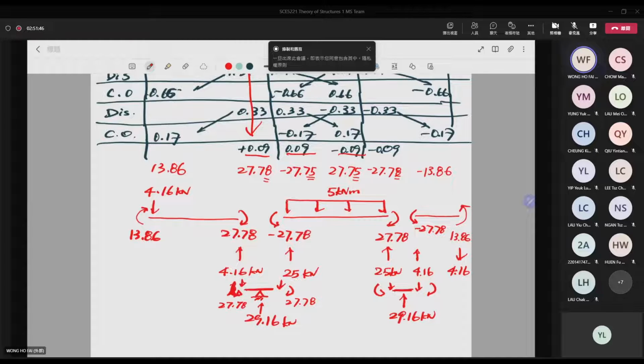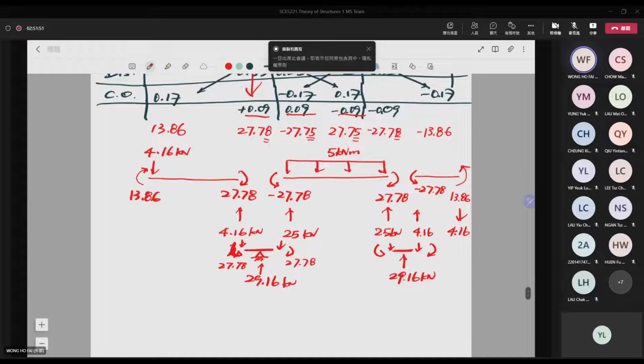And then from here, again, you can write down your equilibrium equations. I mean, the shear force and then the bending moment diagram. First of all, you will have 4.16 on one side. And there's no shear on this side, so it is equal to 0. Then afterward, you will have the shear of 25, I mean 29.16, so you will go up.